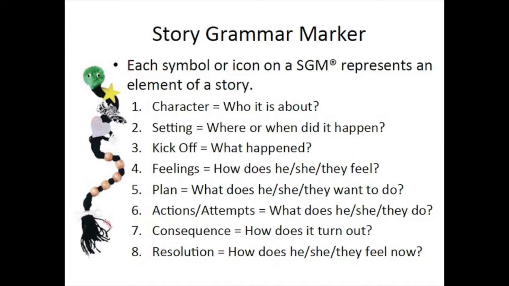And if your student needs reminders, you could verbally tell them, okay, the green is a character, or the basic kit comes with picture icons to help them remember. If your student can read, then there's a graphic organizer that has a picture with the word character next to it.